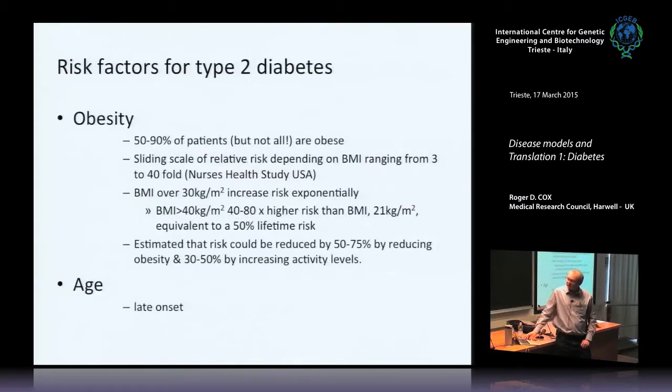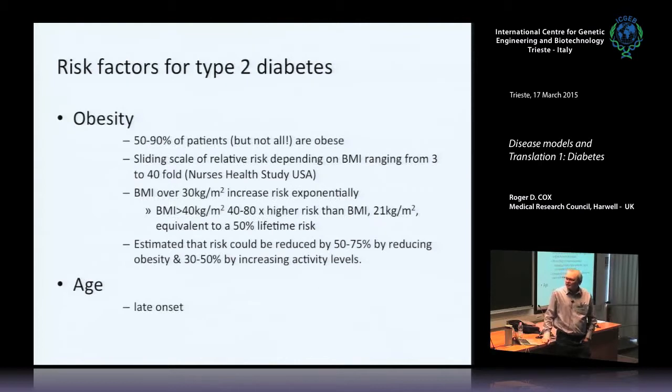So as I've alluded to, obesity is a risk factor for type 2 diabetes. A large proportion of patients are obese, but not all patients are obese. You can get diabetes and still look relatively lean, although you may have more visceral fat, which may not be obvious, other than on an MRI scan. And it's a sliding scale of risk, so the more obese you are, the more risk you have, and the risk can be up to 40-fold.